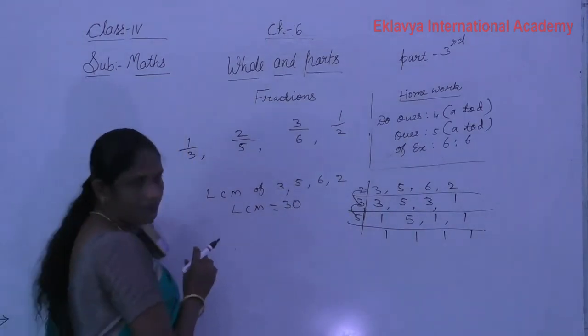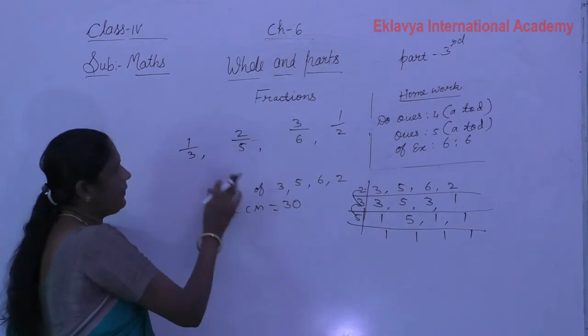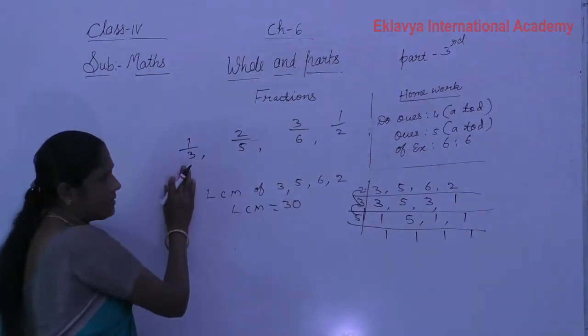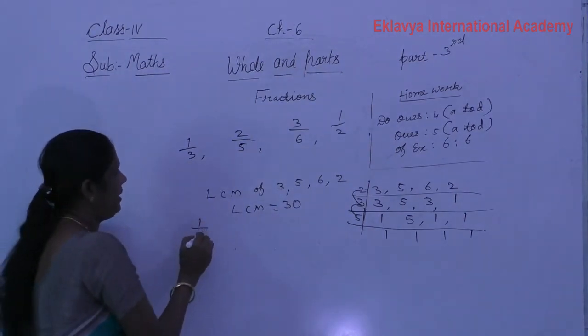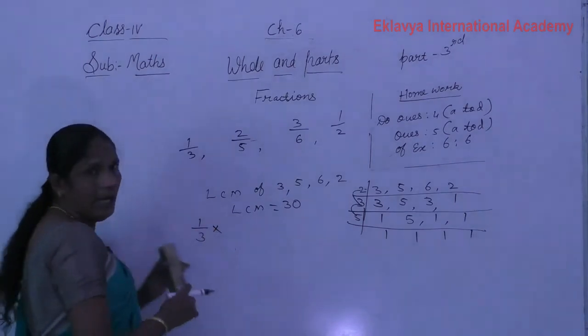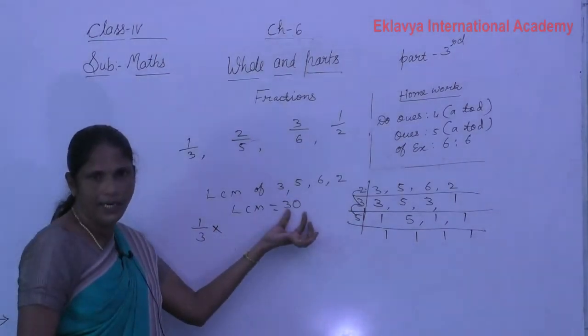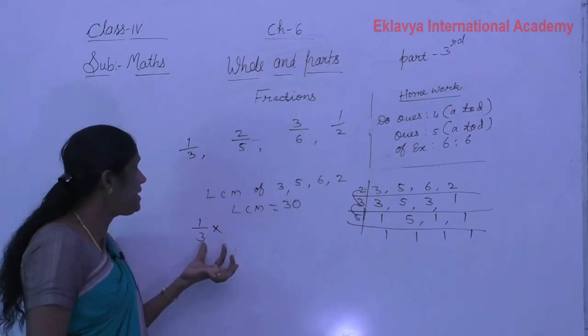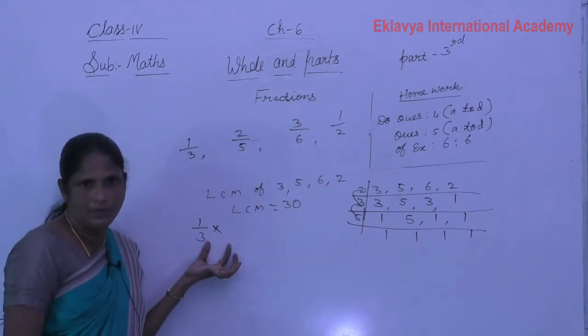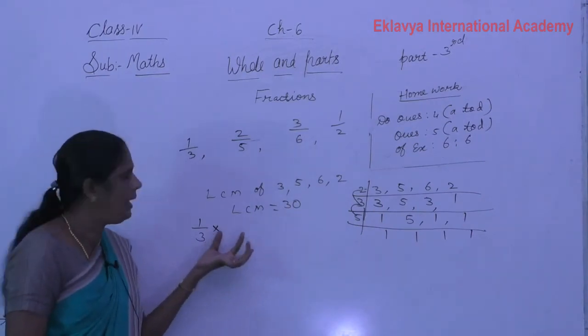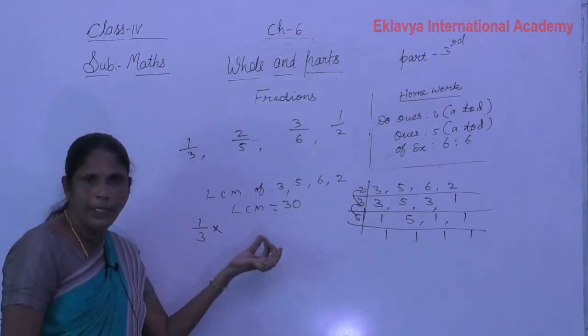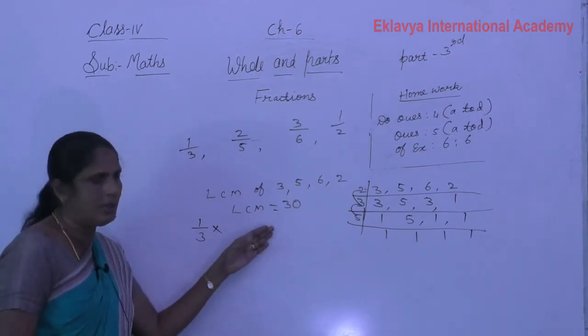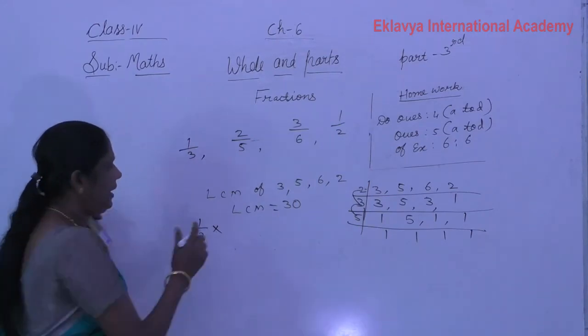Then the next step: LCM divided by each denominator. The first fraction is 1 by 3, multiplied by LCM divided by the denominator. What is the second step? LCM divided by each denominator. 30 divided by 3, 10.